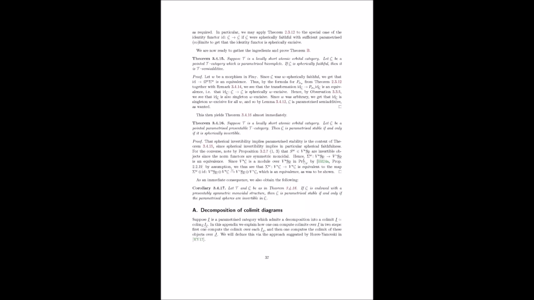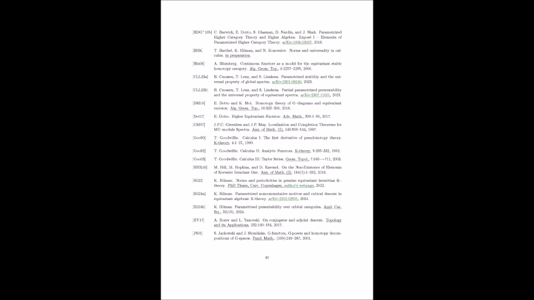Right, so now we're ready to state theorem 3.4.15, which connects spherical faithfulness to semiadditivity. All right. So it states that if T is a locally short atomic orbital category and C is a pointed T-category that is parameterized by complete and spherically faithful, then C is T-semiadditive. So now we're finally seeing how spherical faithfulness relates to this more familiar concept of semiadditivity.